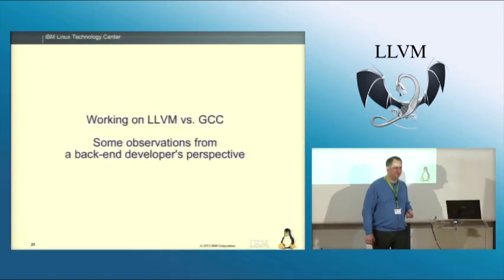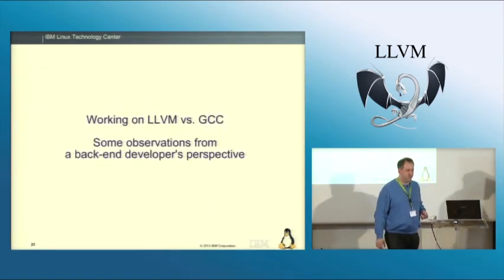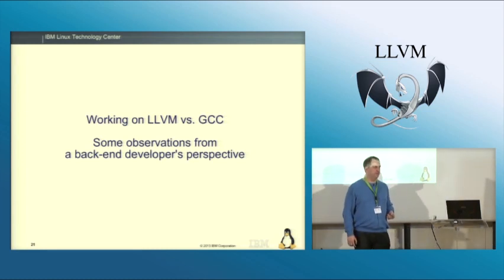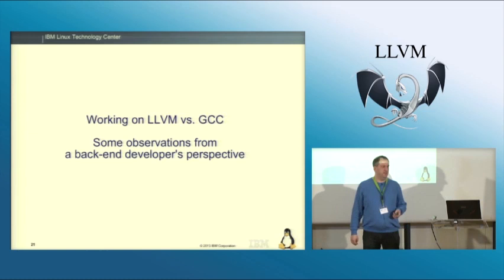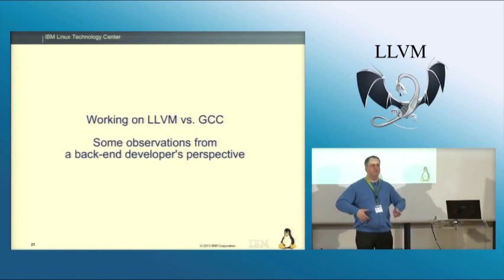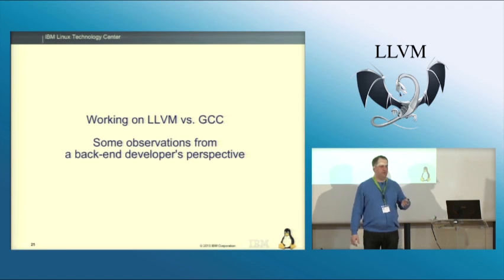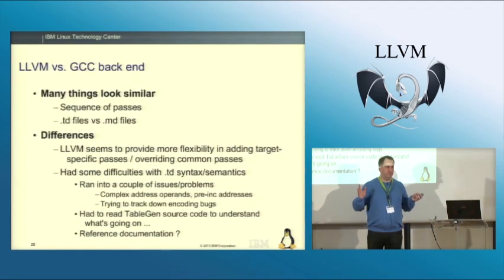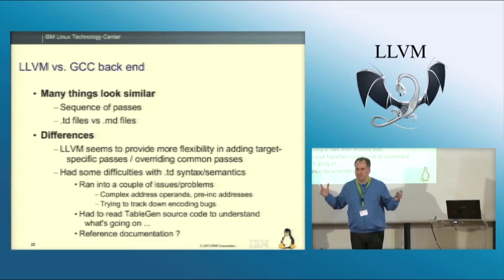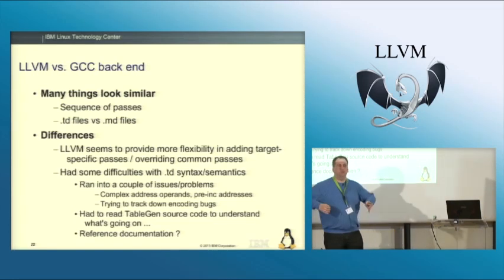Anyway, I think I'm pretty much out of time, but just a couple of small observations. As I said, I'm pretty new to LLVM, so if I'm saying something that's wrong, it might very well be that I just missed something obvious and didn't know about it. But at a high level, when I started working with it and looked into it, it looks pretty similar.